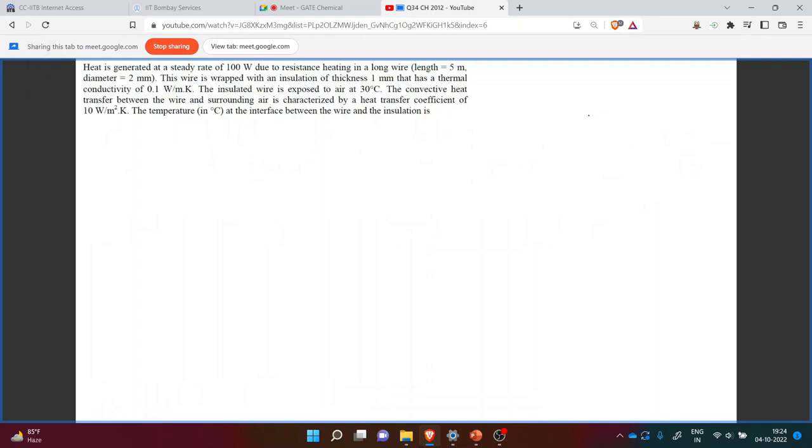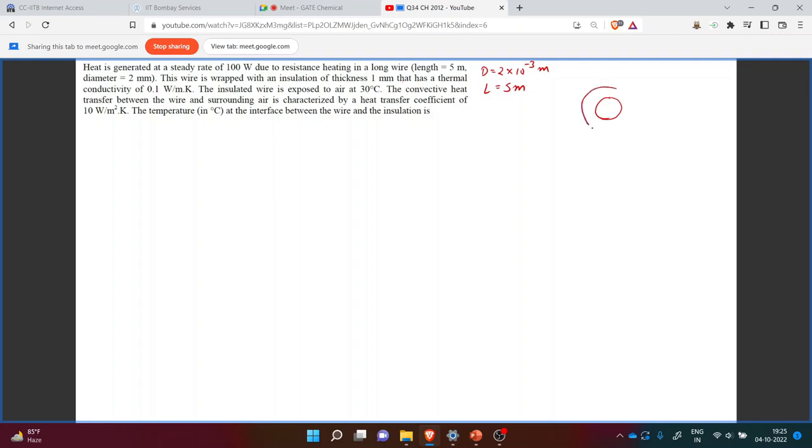So in this question we have been given a long wire whose length is 5 meter and diameter is 2 mm. So let's just consider this as the wire. Here diameter is 2 mm, that is 2 into 10 raised to minus 3 meter. Length we have been given as 5 meter, and this wire is wrapped with an insulation of thickness 1 mm.